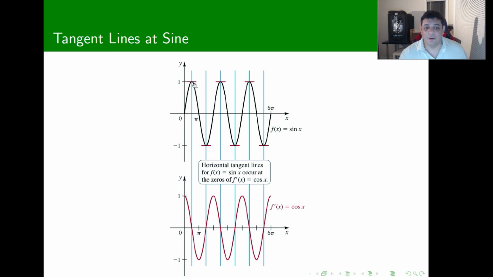And now when I'm calculating the slope of the tangent line, notice that this is telling me the slope of the tangent line is positive here, then it changes to be negative. So we have this transition from the function being positive to being negative, a transition at pi, because pi is a 0 of the function. And over here, this is going to be a transition point in the derivative.